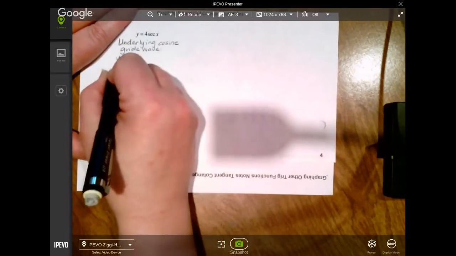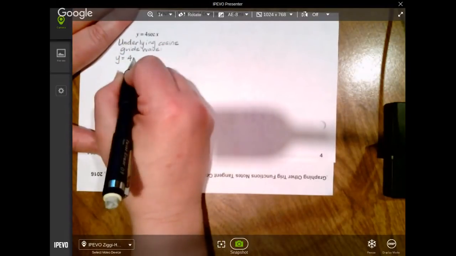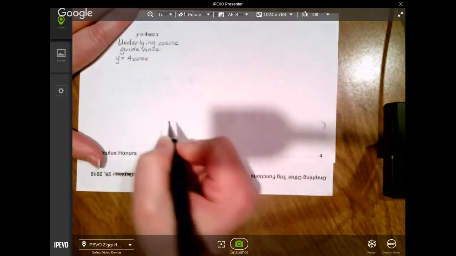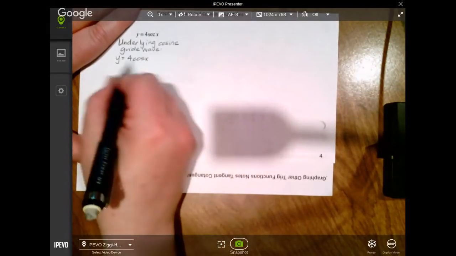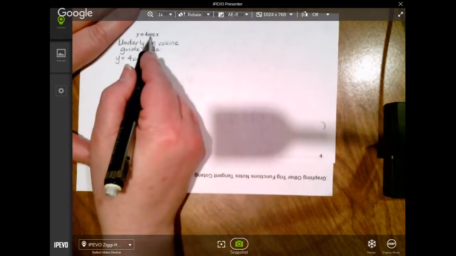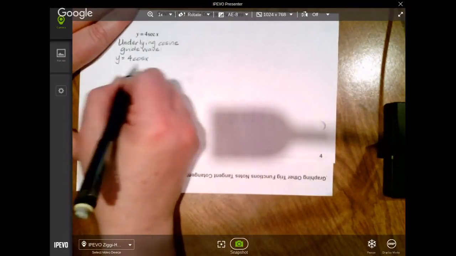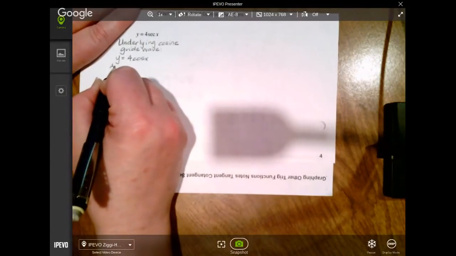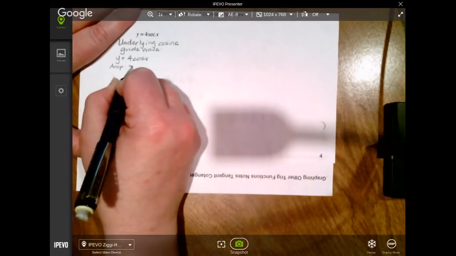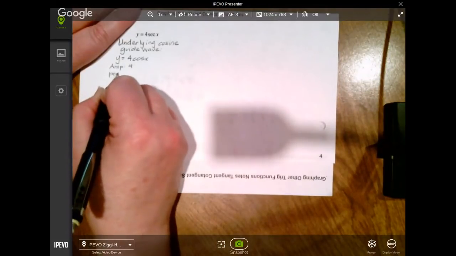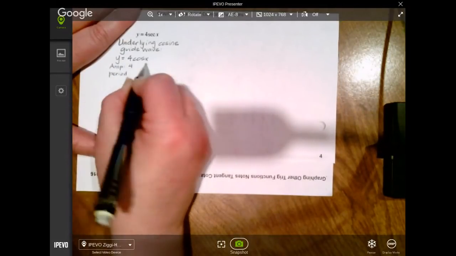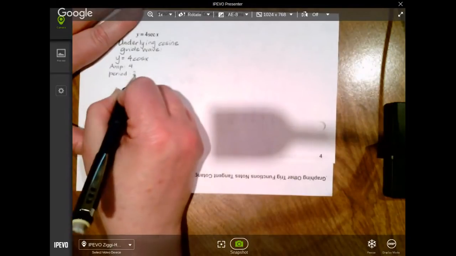And that's going to be y equals 4 cosine of x. All right, because this is going to provide us a guide on how to graph this. And this underlying cosine curve is what we've been doing all along. It has an amplitude of 4. It has a period of 2 pi over b. And b in this case is 1, so it's going to be 2 pi.